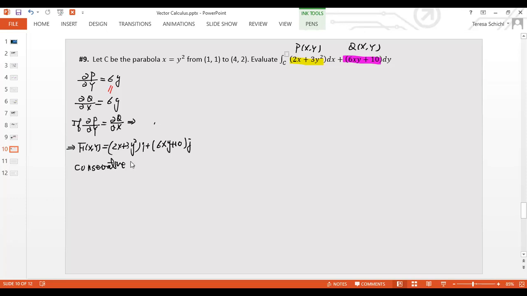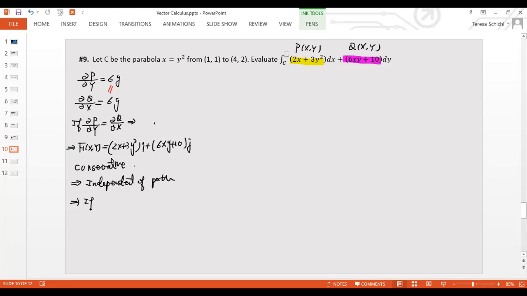Okay, if it's conservative, then it's path-free, right? So it's independent of the path. That means I can just plug in these two points.